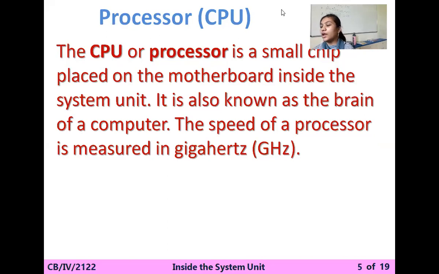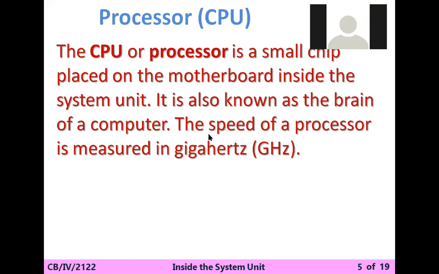So if you want to measure the speed of the processor, that is not for you, just telling you. If you want to measure the speed of the processor, that will be measured in gigahertz. If you want to measure the length of any object, it will be measured in meter, centimeter, kilometer, right?